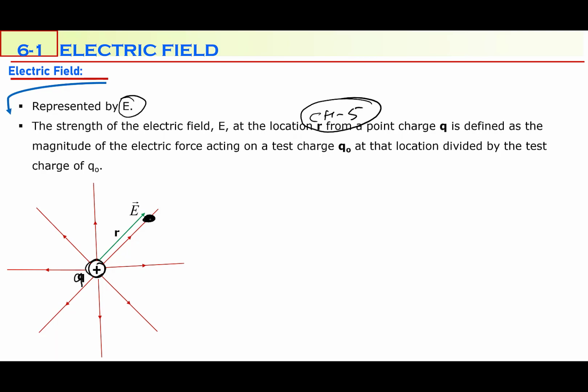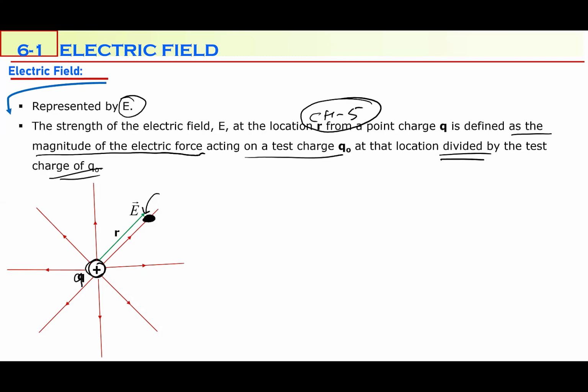Q produces an electric field here, but how big it is is defined, this is the definition, as the magnitude of the electric force acting on a test charge Q0. You are going to put a charge here. This charge will experience a force, and you will divide this force by the test charge itself.